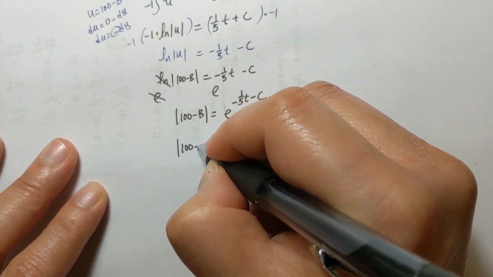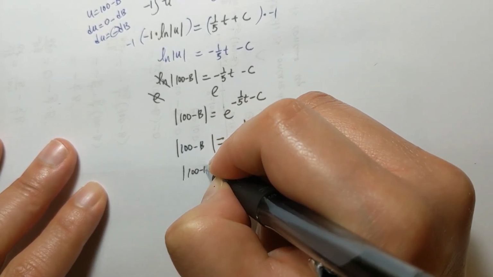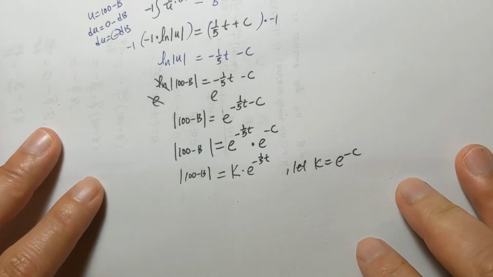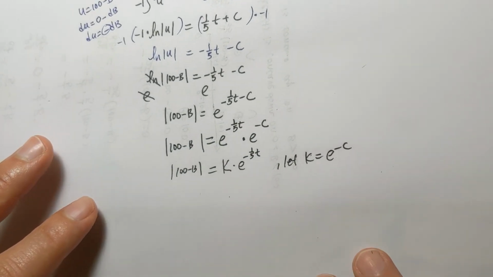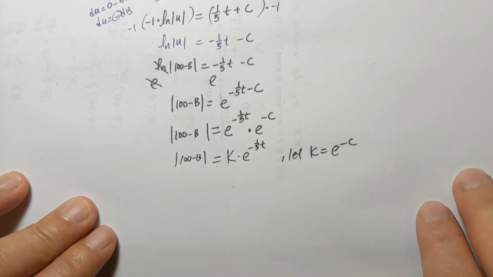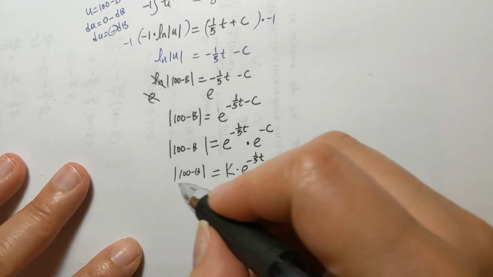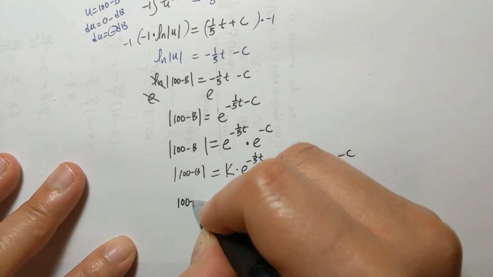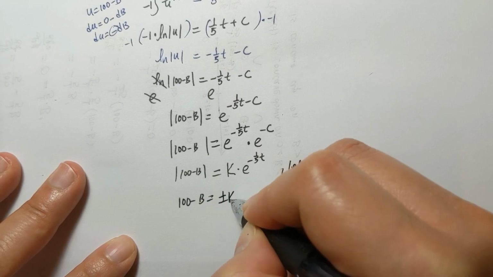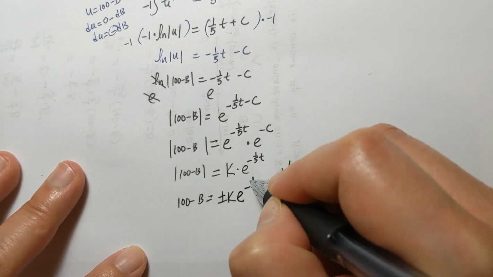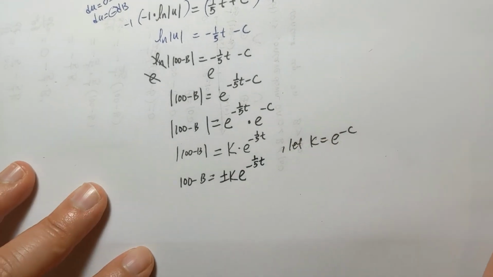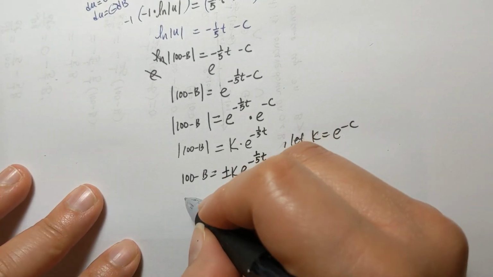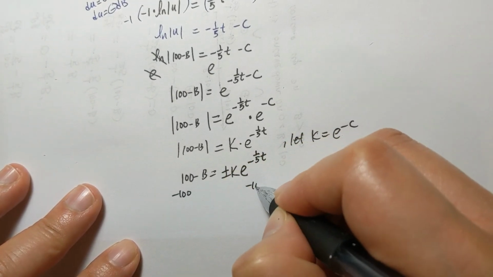Now I go back to my left side. I need to get rid of the absolute value, so I'm going to put 100 minus B equal to plus or minus k e to the negative 1/5 t, and then subtract 100 from both sides.